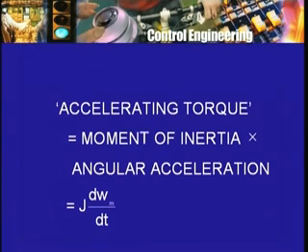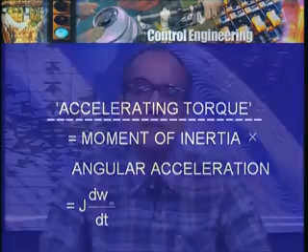This will be the accelerating torque, that is, this will be the torque which is related to the acceleration of the motor. Of course the acceleration may be positive or negative, one uses the word in a neutral sense. Omega m may be increasing or omega m may be decreasing. So this is the torque which is required to accelerate or change the rotational speed of the shaft and the armature and the load, all of it having a moment of inertia J.